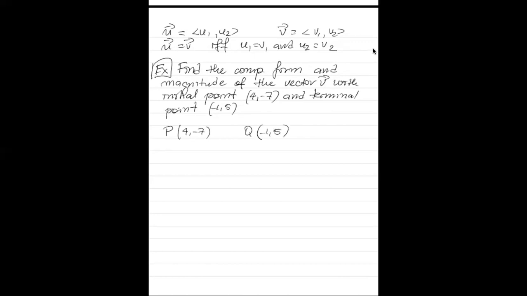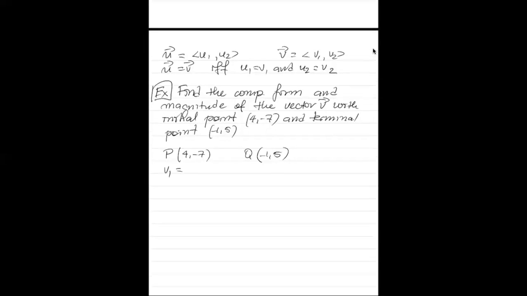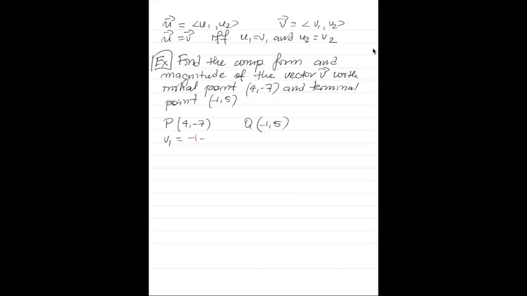So to find the component form of our vector v, we need to find v1, the first component. So v1, as you look in the formula before, is Q1 minus P1. So that is negative 1 minus 4, or negative 5.